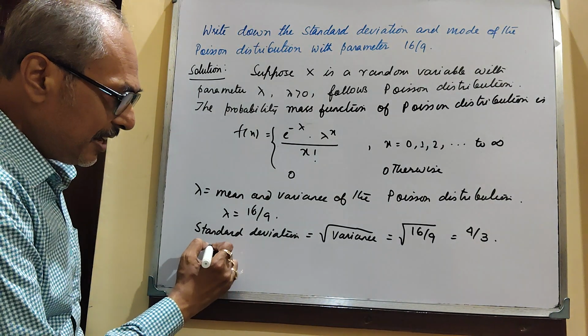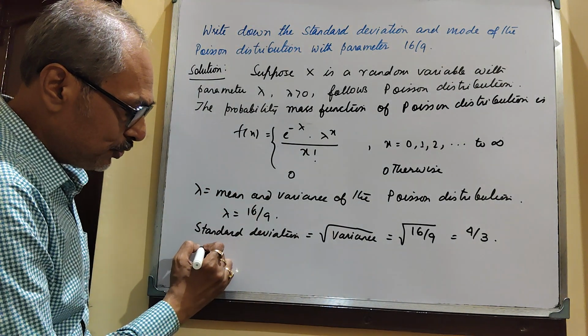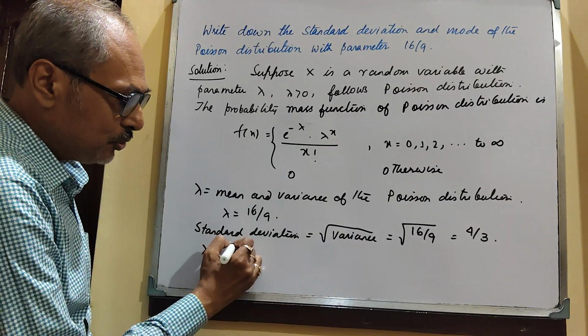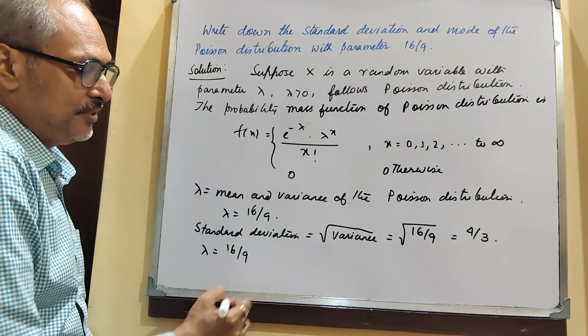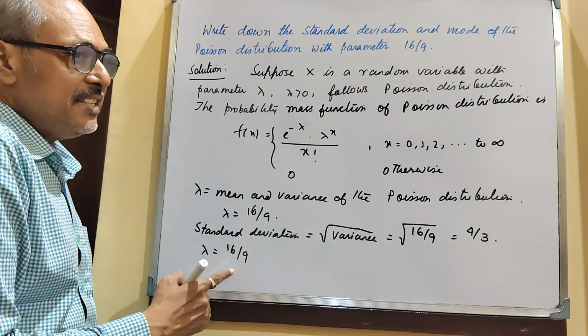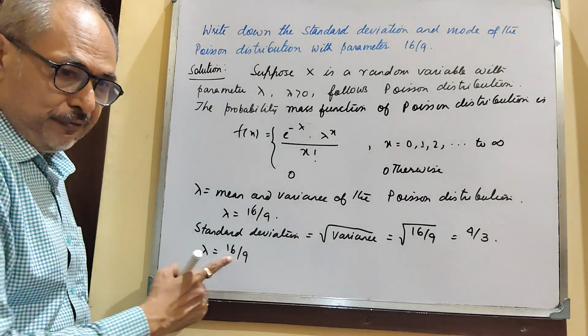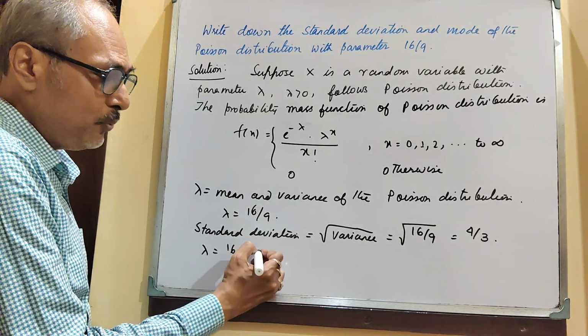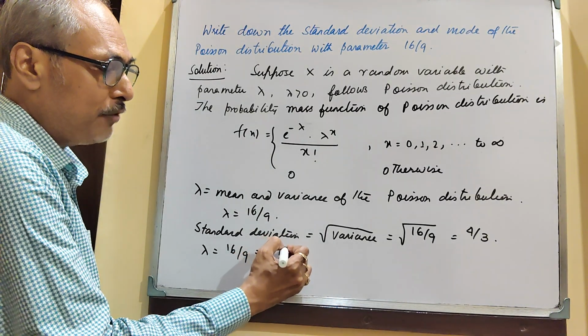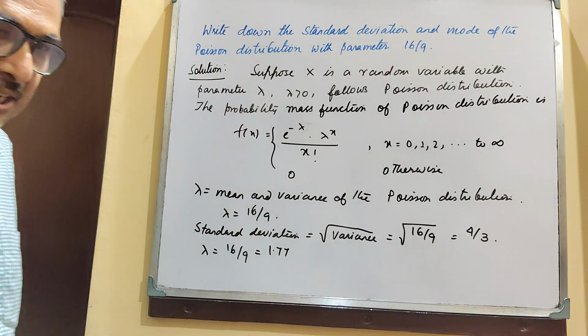Now here mean equals lambda equals 16 by 9, which is a fraction. The value is approximately 1.77.